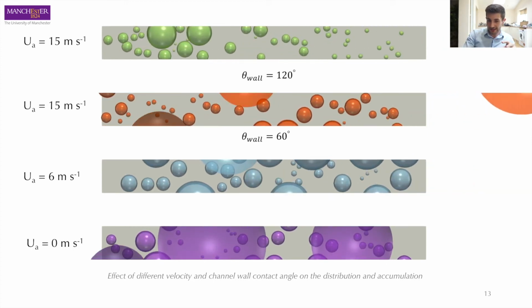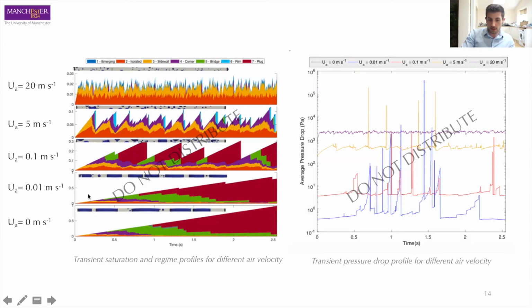Now, if you actually take this data and look at it in a profile, what you see on the left here are different graphs for the saturation profile, and then that saturation profile is divided into the regimes that water consists of. So whether it's in the plug flow, the film flow, or the bridge flow regimes, and they're identified by the different colours here.